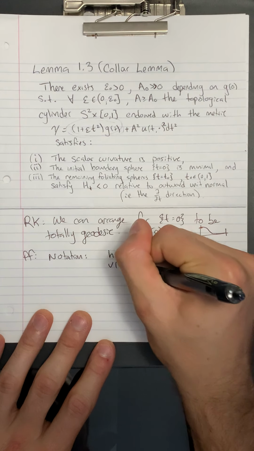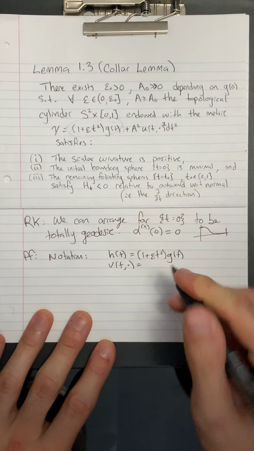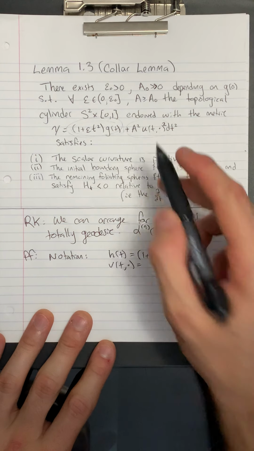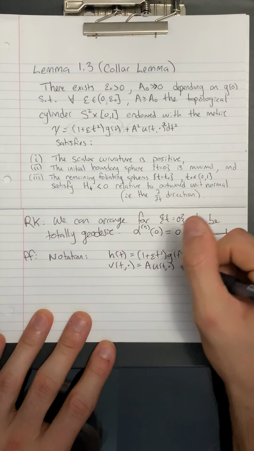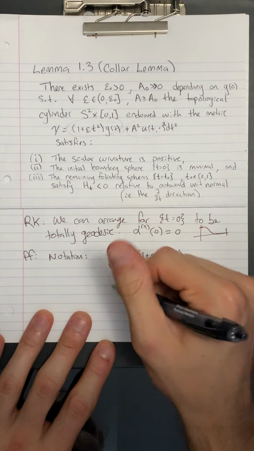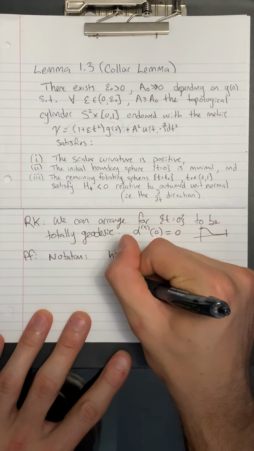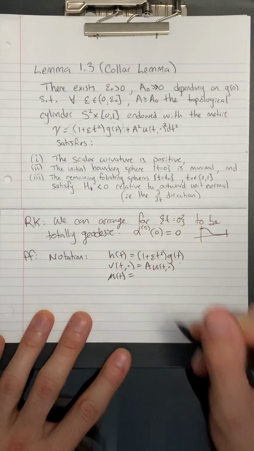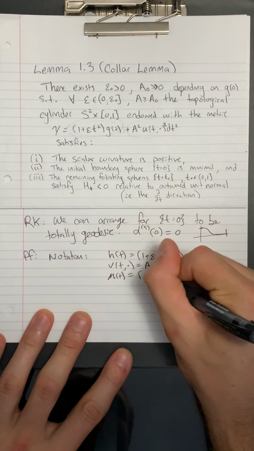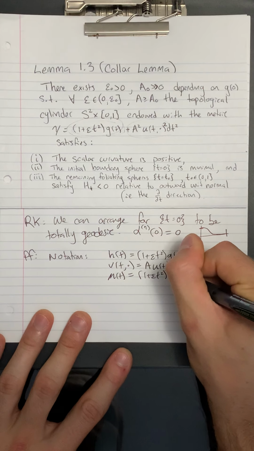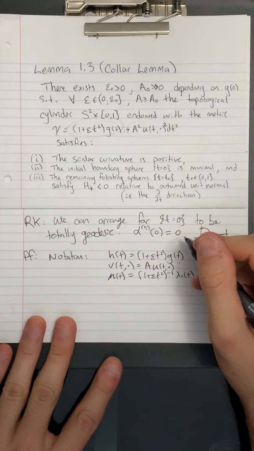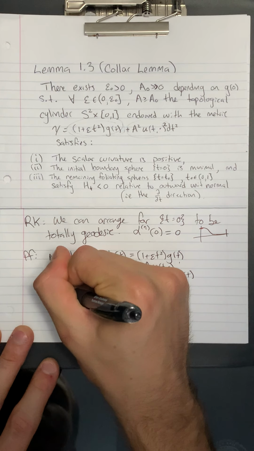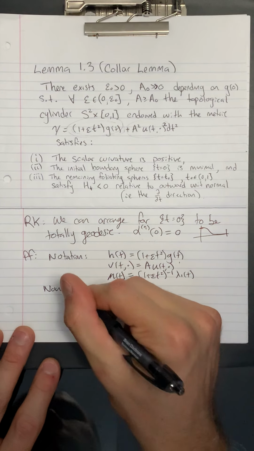We're going to let v of t, depending also on x, be the square root of that portion, so a u of t, depending on x. And then we're going to let mu of t, depending only on t, be (1 plus epsilon t) squared inverse times lambda 1 of t. So what does this new notation do?